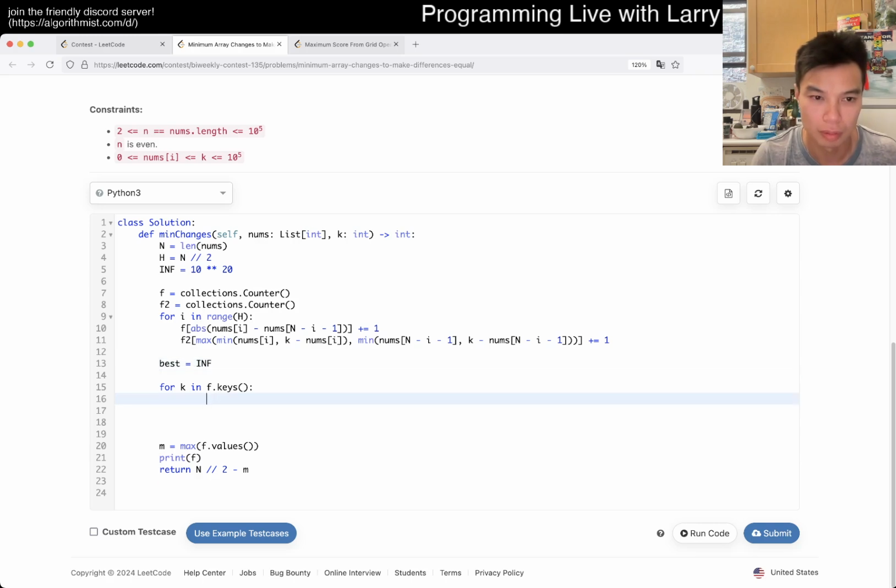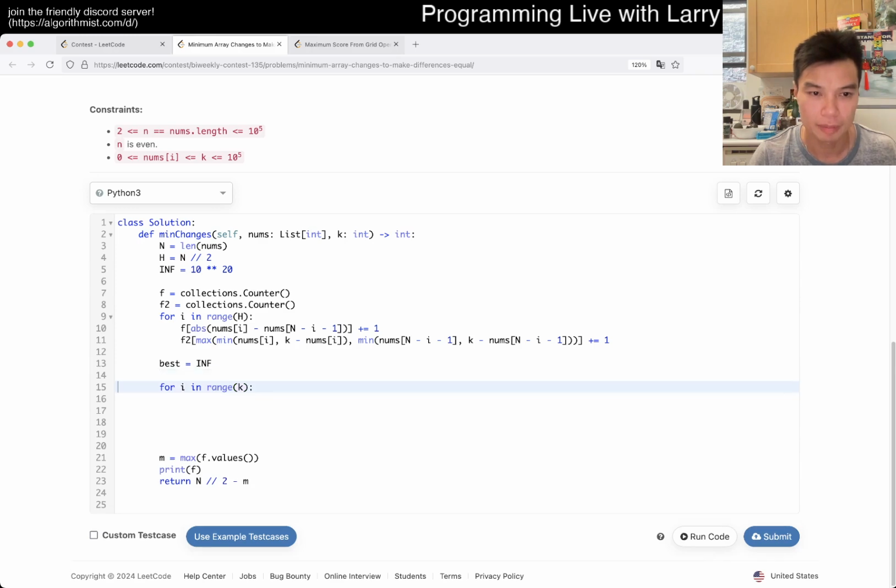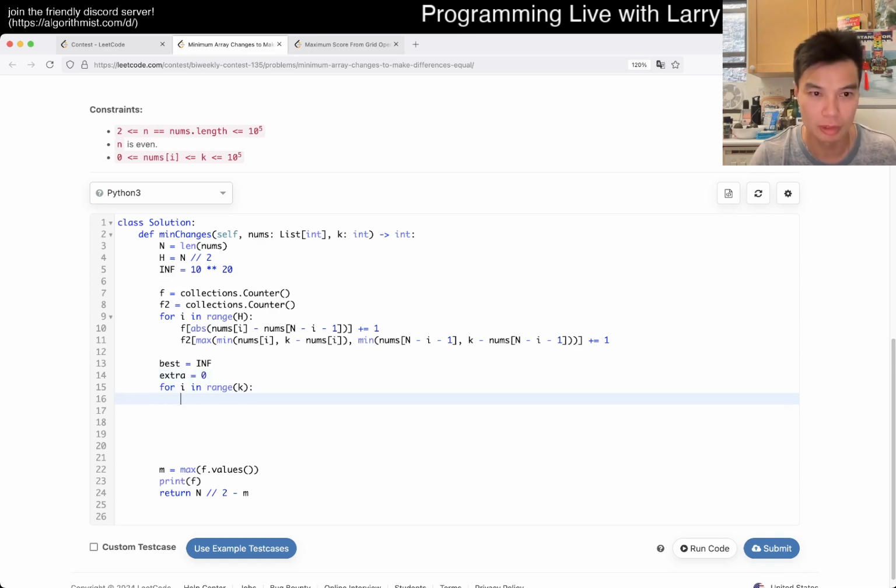Okay, now we do f of keys. Maybe just f of i in range of k. So this is the max number. So okay, so extra is equal to 0.